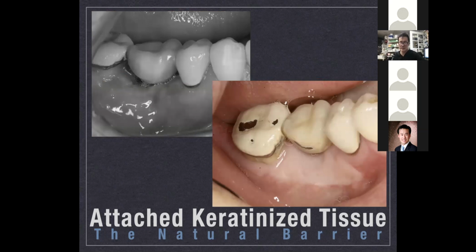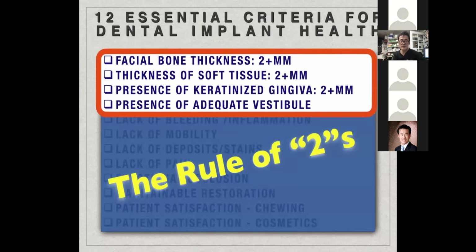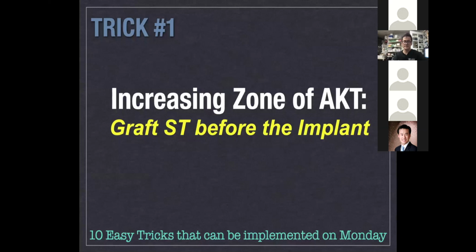And after healing, look at this beautiful keratinization, healthy. She's able to eat. She's able to brush the area, and the patient went back to normal functional life again. So this is the type of thing that keratinized tissue can do. And if natural teeth need them, dental implants definitely need them. So 2 millimeters. That's pretty much where we are.